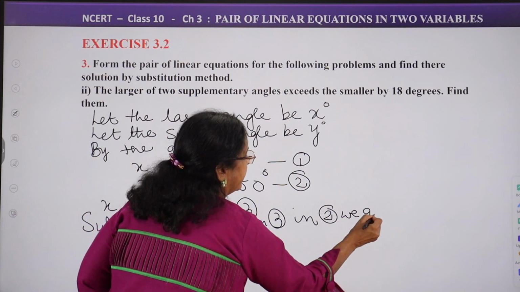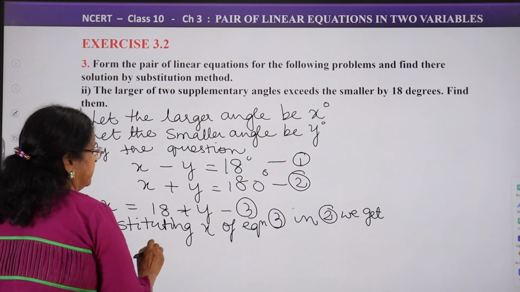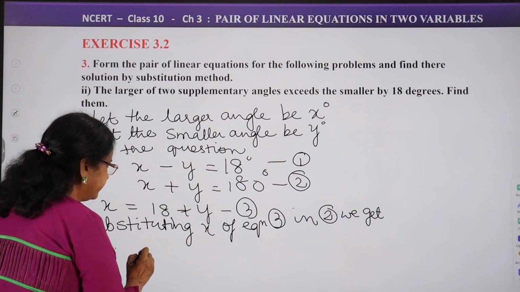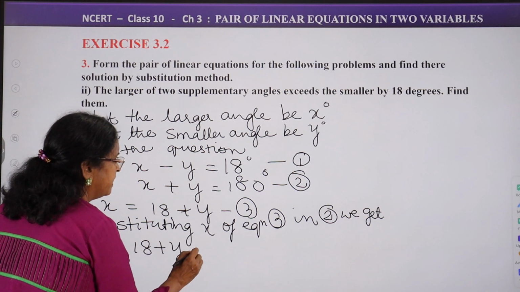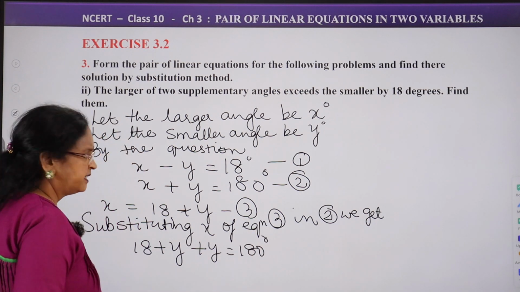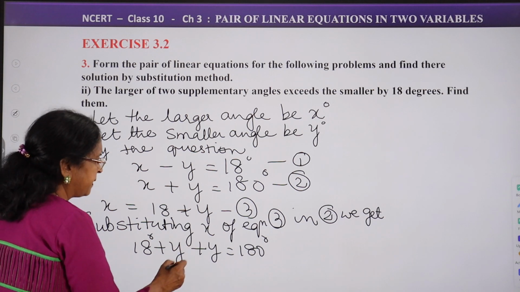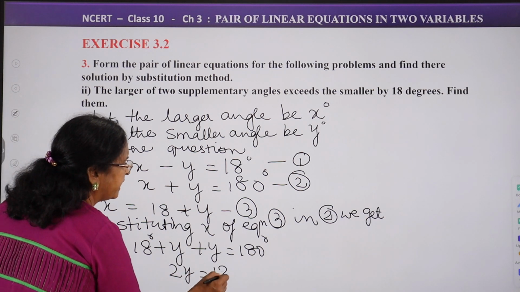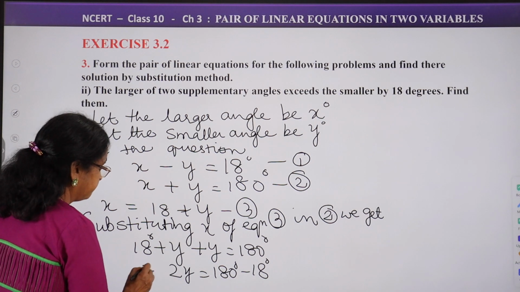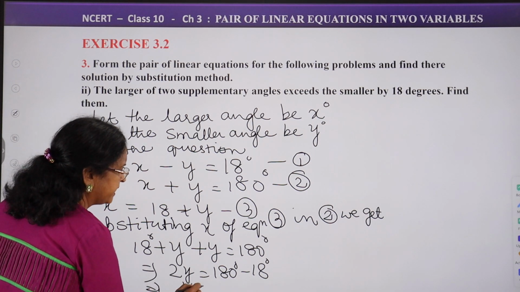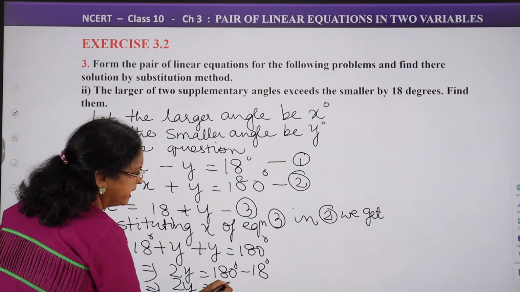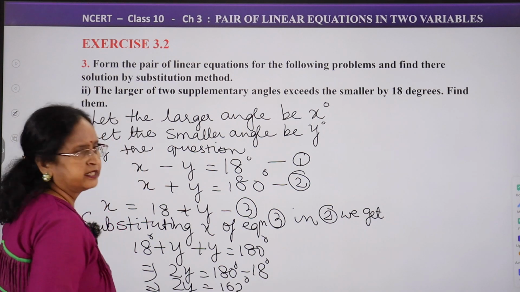We get 18 plus y plus y is 180 degrees. This is also degrees. y plus y, 2y. 2y is 180 minus 18, that is 162 degrees.